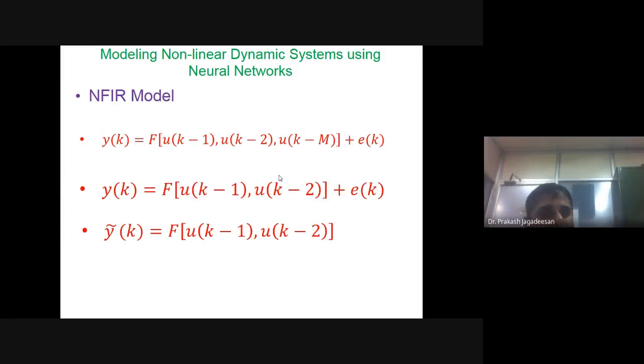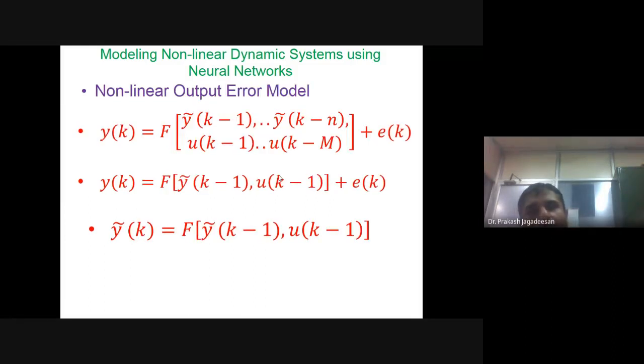Similarly, for NFIR, it will depend only on past values of u. So y(k), the output of the model, depends only on past values of u: u(k-1), u(k-2), and so on. This is the NFIR model.